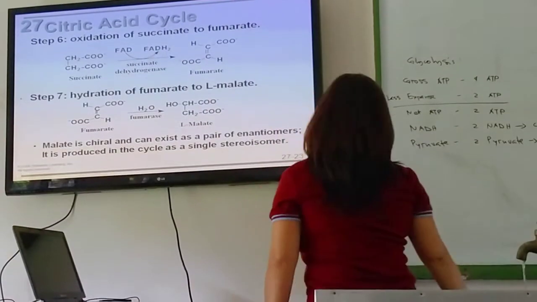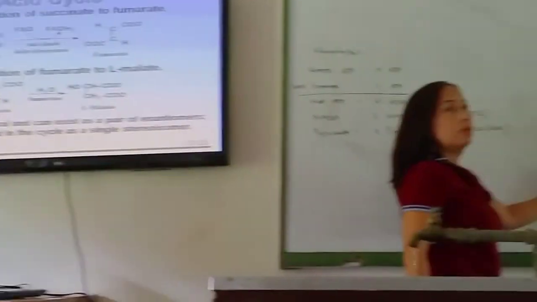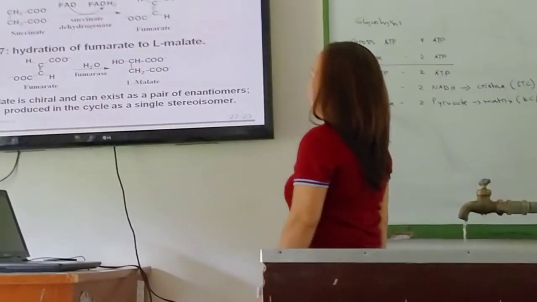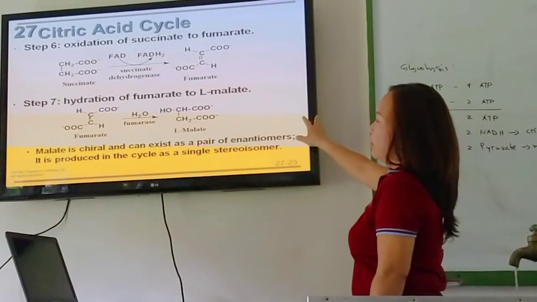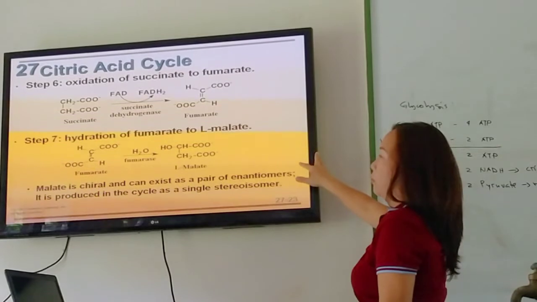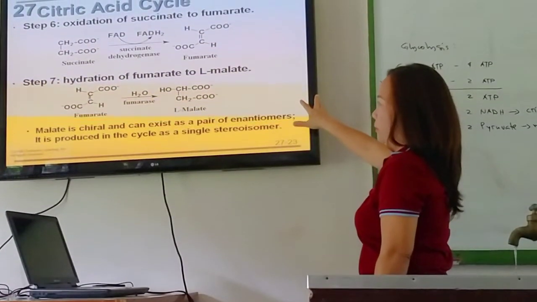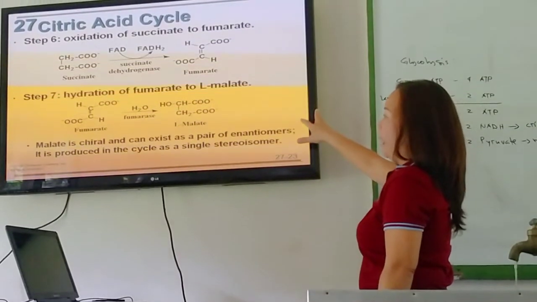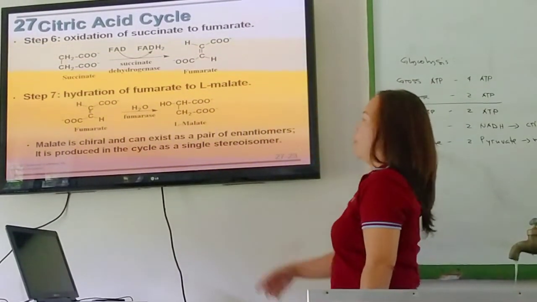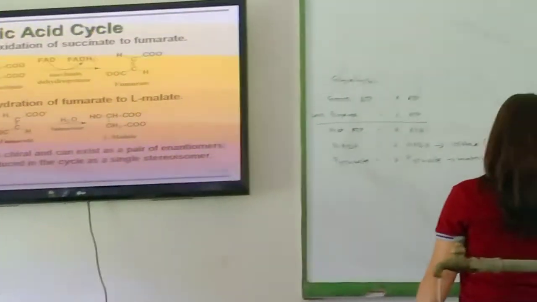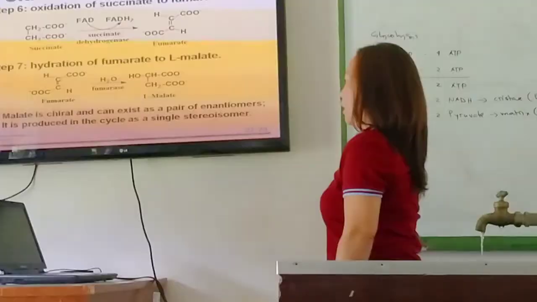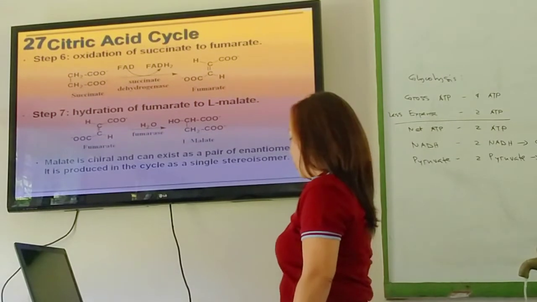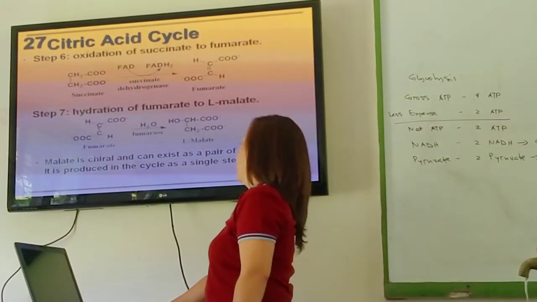So you have here FADH2 production. So next step is hydration, meaning addition of water. Hydration of fumarate to malate or malic acid. So fumarate to malate, with the addition of water or hydration.